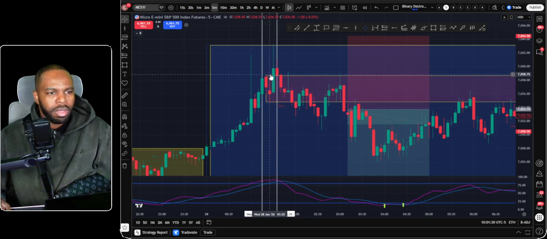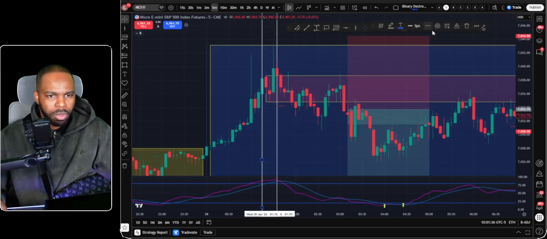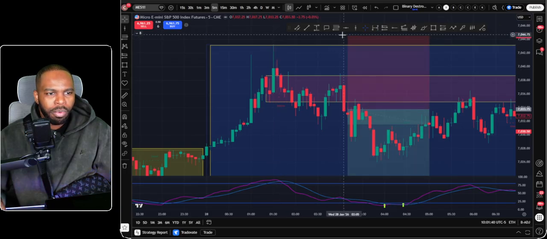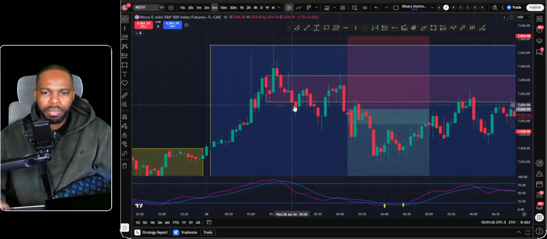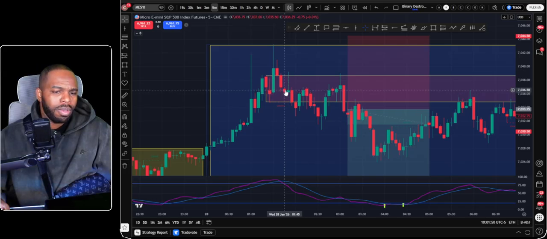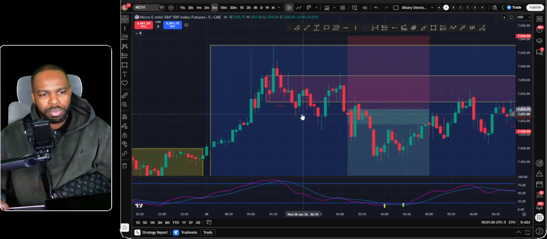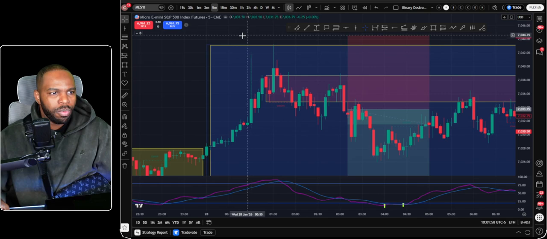If you just box that out or zone that out, you can also use this as a key level and wait for price to break below that zone or box, and you can take a trade. Just like how I use the fair value gaps or the inversion fair value gaps, you can use the breaker blocks the same way. Just wait for price to close below it or above it, depending on what direction you're going in.